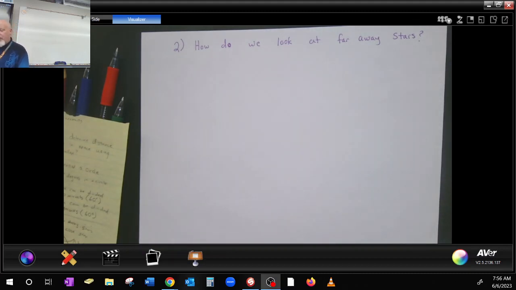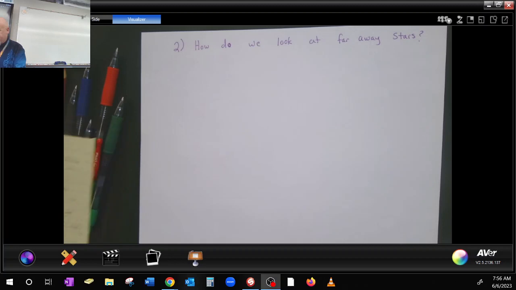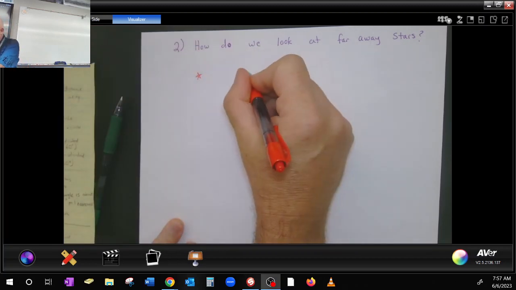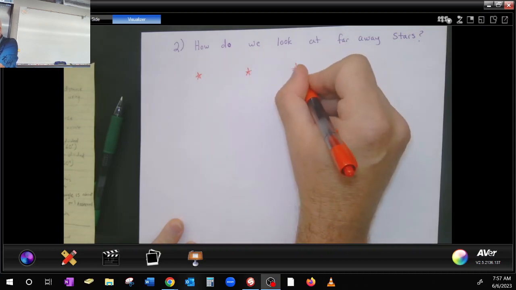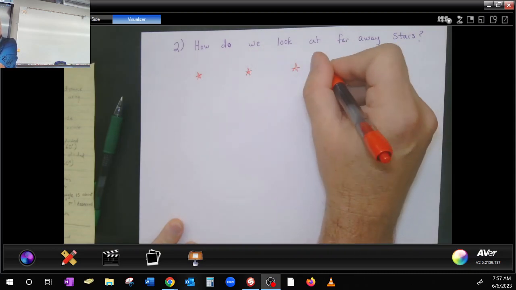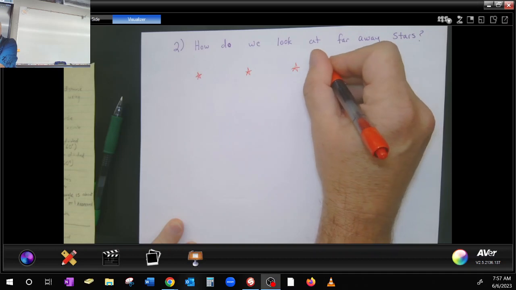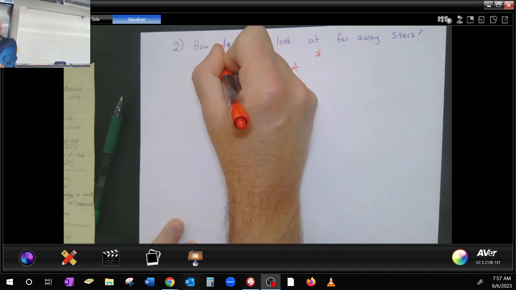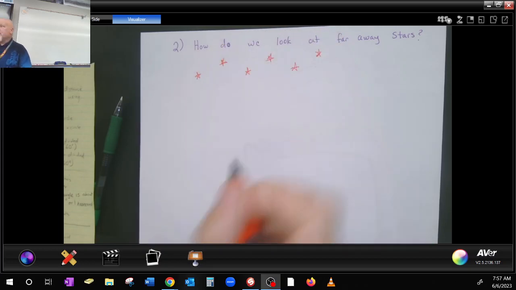This is a little bit more problematic because if we were talking about an asteroid, I said we could just take a picture from either side of the Earth. But what if here are the stars in the background? If we're looking at something maybe outside of the solar system, maybe another star that is light years away from us.